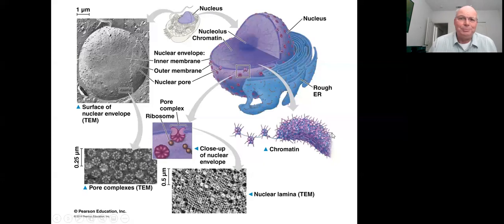We refer to this as supercoiling, and it's a way of hyperpackaging the DNA to form the chromosomes. The other thing that you should also notice here is that the rough endoplasmic reticulum, you can see, is connected to the double membrane of the nuclear envelope. We're going to see another picture that reinforces this as well.